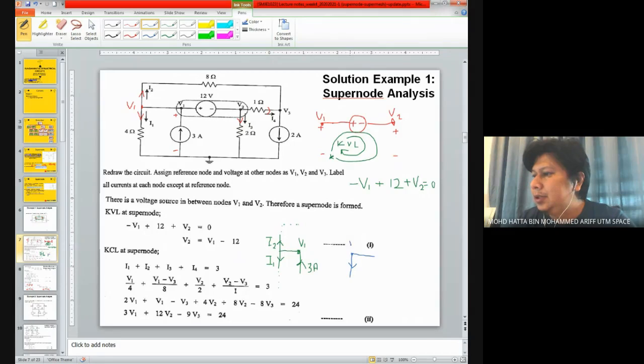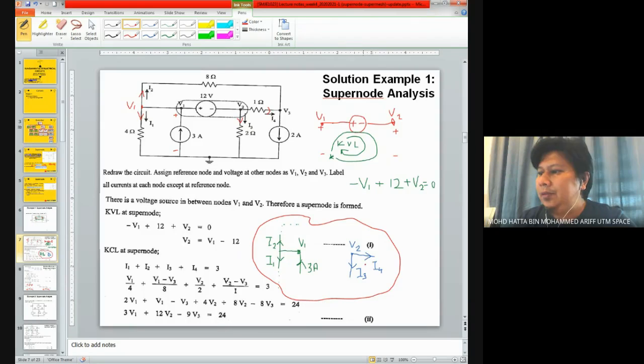I label this as V2. I have I3 over here and I4. This is considered as our supernode area.